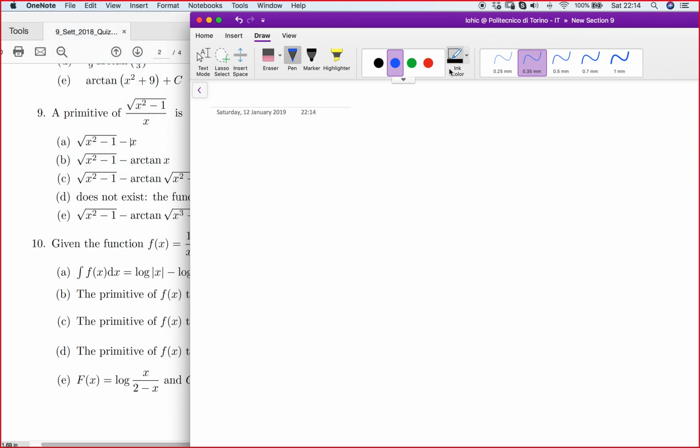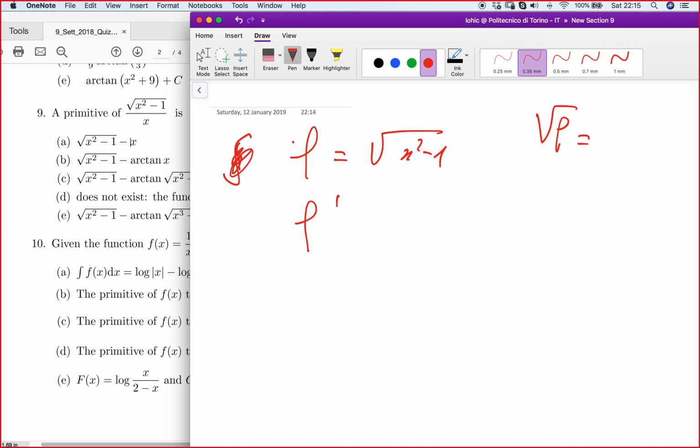I just want to remind that if I have the function f equal to square root of x squared minus 1, then f prime, as the formula is that if I have root of f, the derivative will be f prime divided by 2 root of f. So the derivative here will be 2x over 2 root of x squared minus 1.